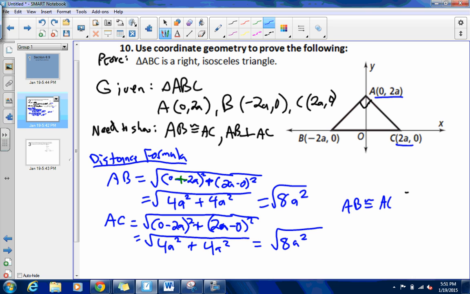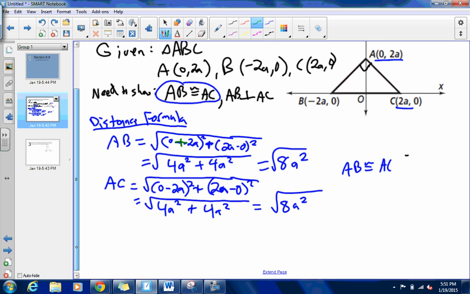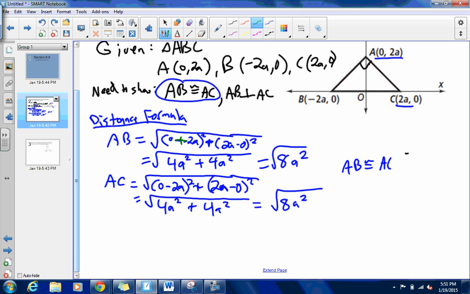So now we've got this part. Now, in green here, we're going to try and figure out if AB is perpendicular to AC. So you might think we'll use the slope formula. Let's look at their slopes to find if they are perpendicular or not. That's why you need to know the slope formula and things about it.